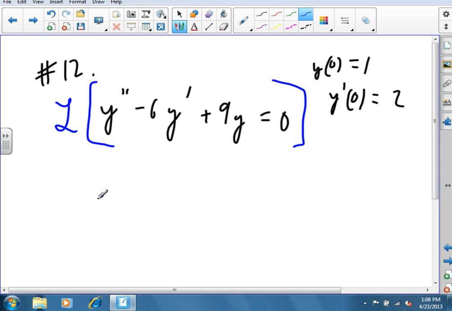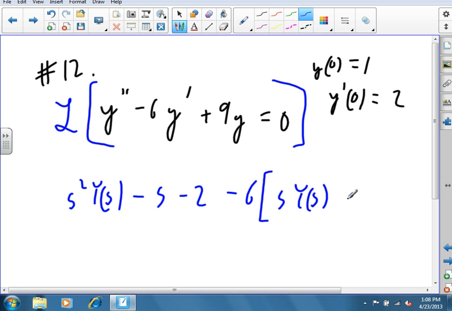I'm going to take the Laplace transform. I get s squared y of s minus s minus 2 minus 6 times s y of s minus 1 plus 9 y of s is 0.